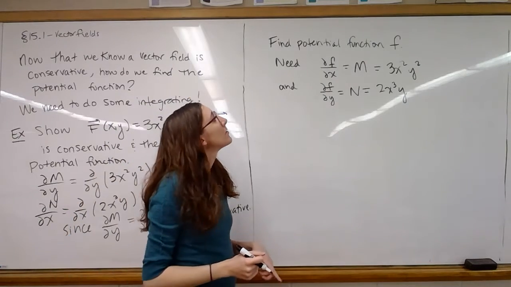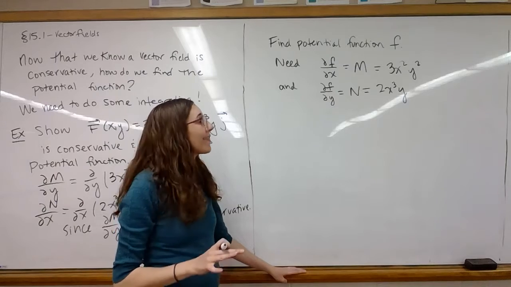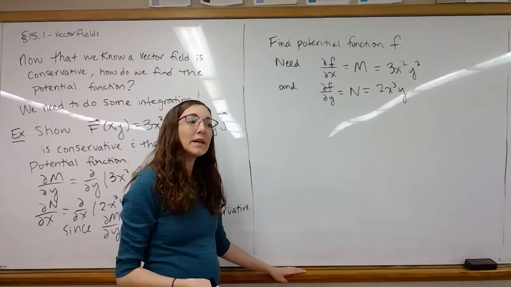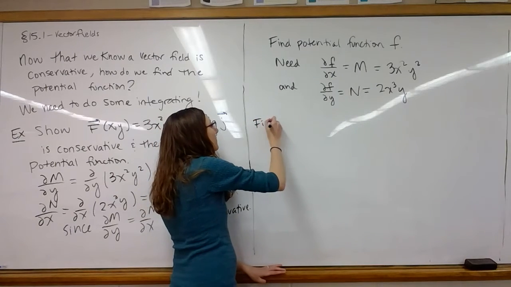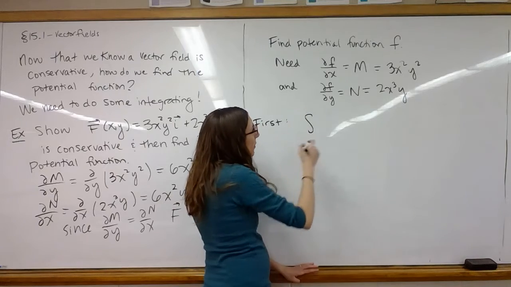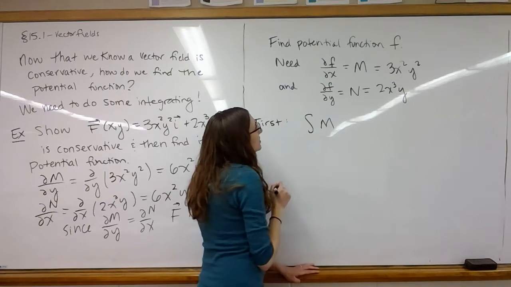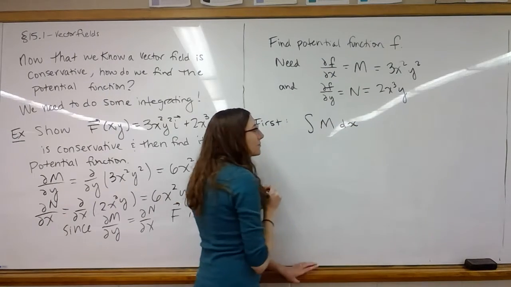When we took the partial derivative with respect to x, we got that expression. So let's do an integral with respect to x. So let's first do the integral of M, which is really the partial with respect to x, dx.